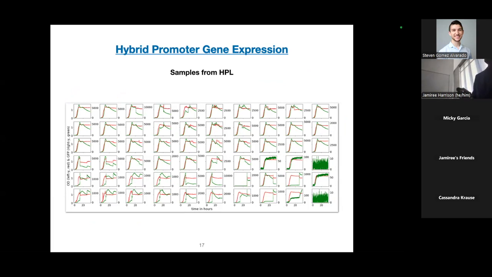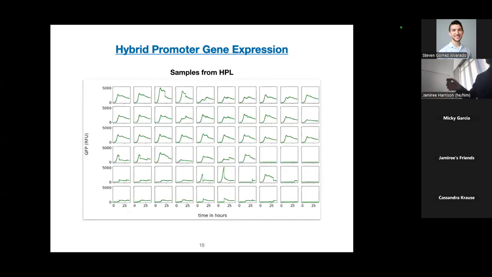And then if we take one of these guys, you can see that once stationary phase hits, you get these switching dynamics that we were talking about, due to the hybrid promoter gene regulatory network. Cool. What we do is we take GFP over OD on this graph in order to get a GFP per cell kind of metric.